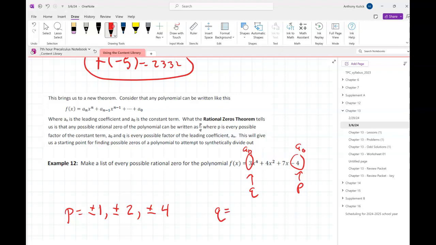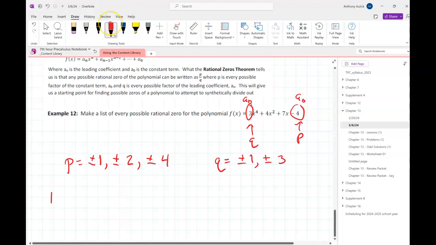The q is going to be all our factors of 3. What are our factors of 3? Still 2 more. Yeah. So can I have negatives of each of those? So far, so good? Okay.